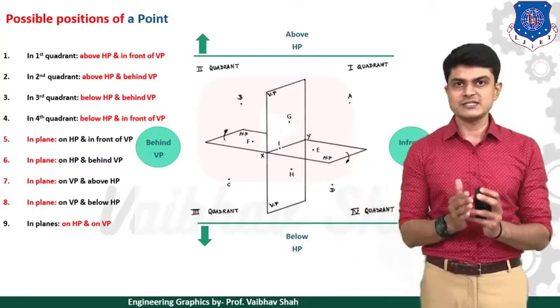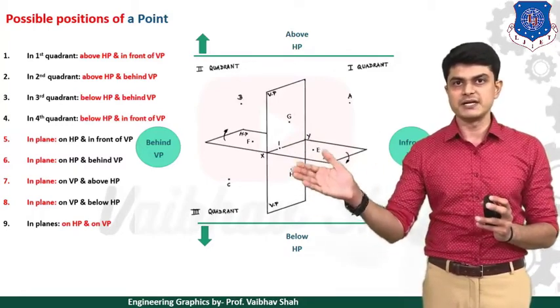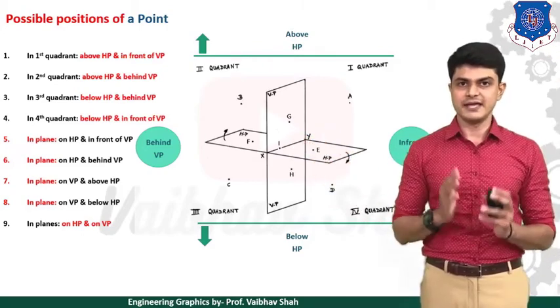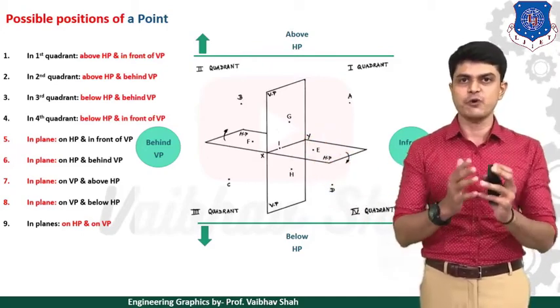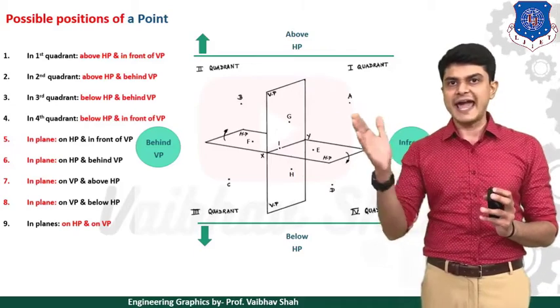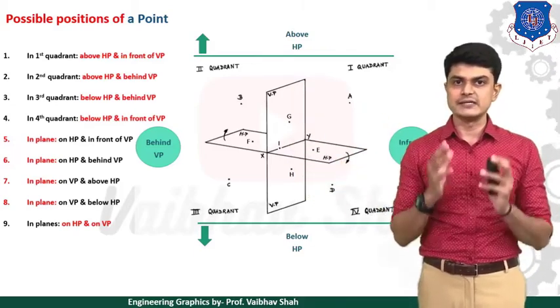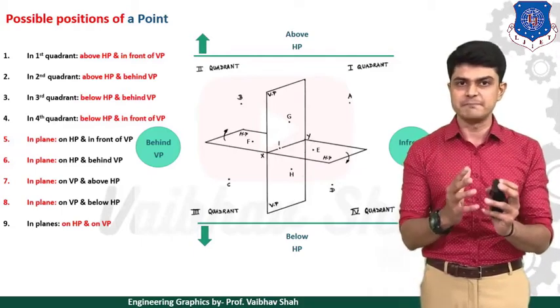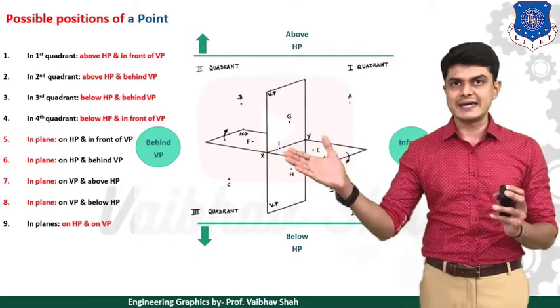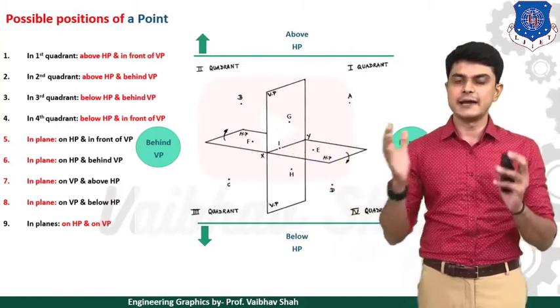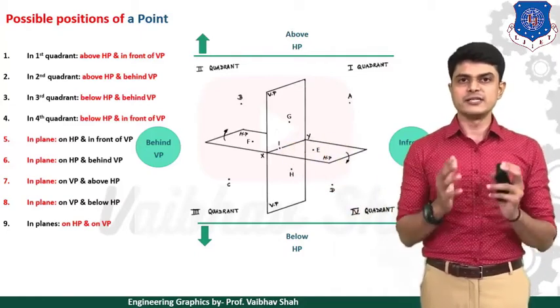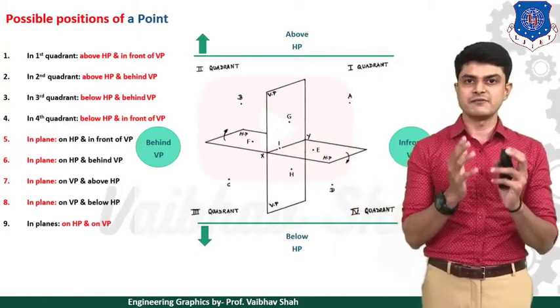Now point H is on VP but below HP. And then let us define the last point, which is on HP and on VP. That means you can also say it is on the intersection of HP and VP. So point I is on HP and also on VP. These are the total 9 possible points available.